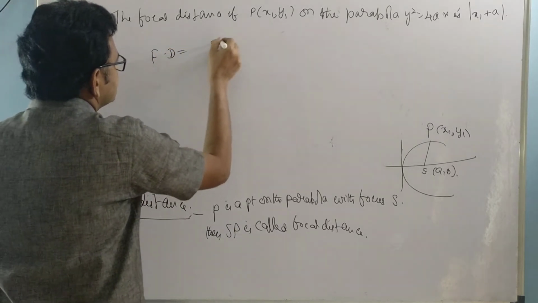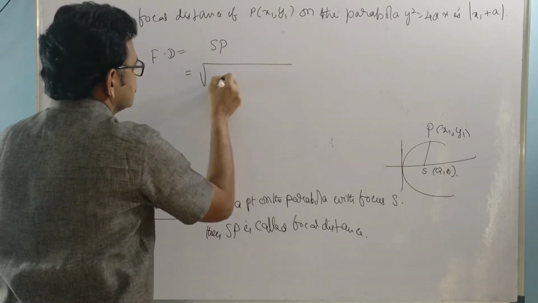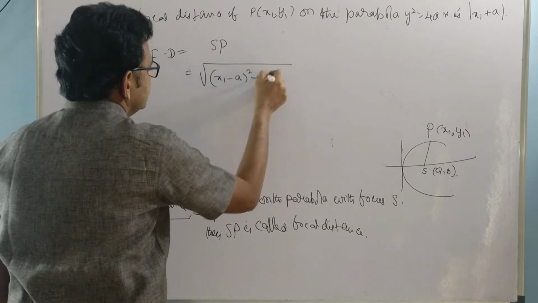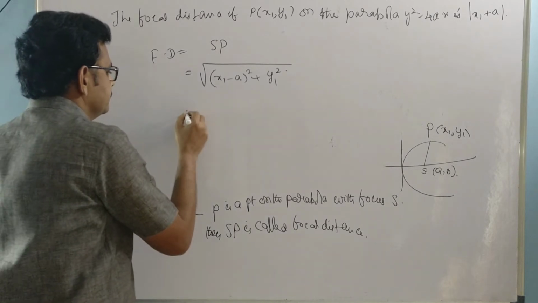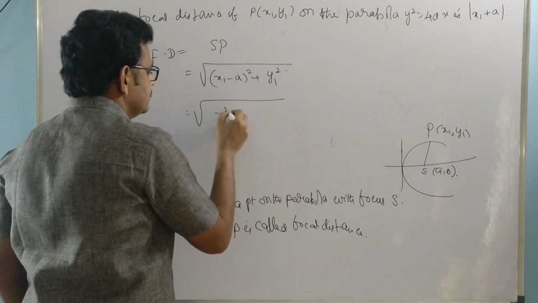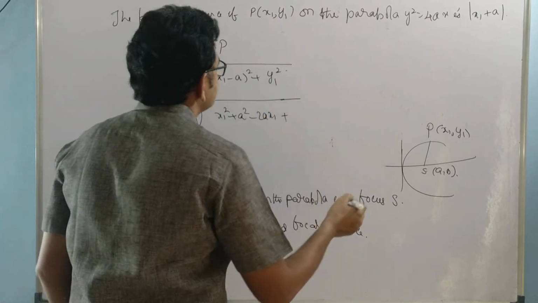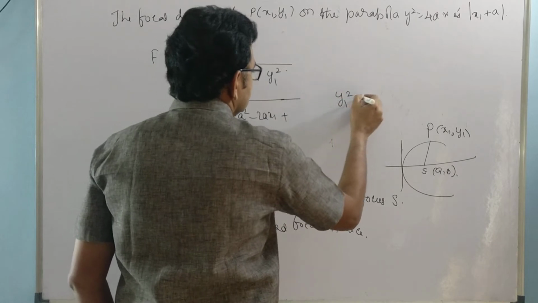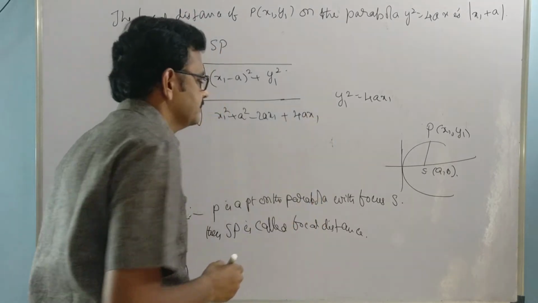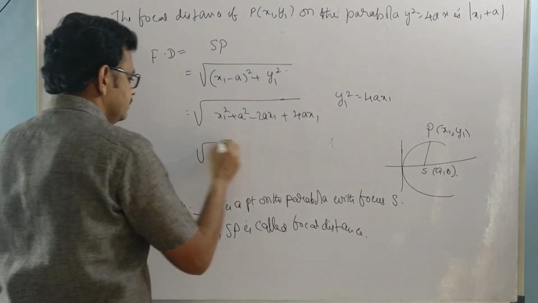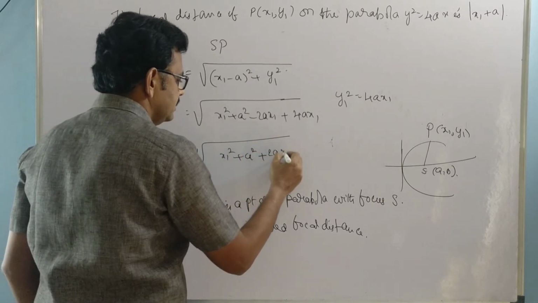SP is called the focal distance, that is the distance between the 2 points, root of x1 minus a whole square plus y1 square. So this is equal to root of x1 square plus a square minus 2ax1 plus y1 square. Now y1 square is equal to 4ax1, so this is root of x1 square plus a square plus 2ax1.